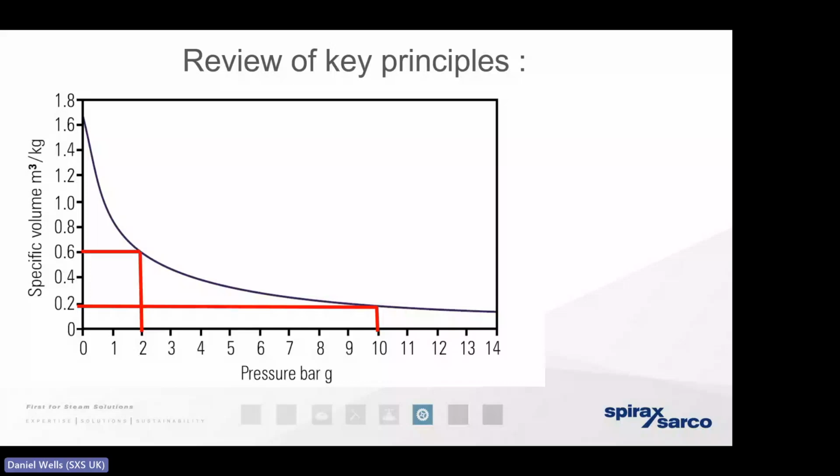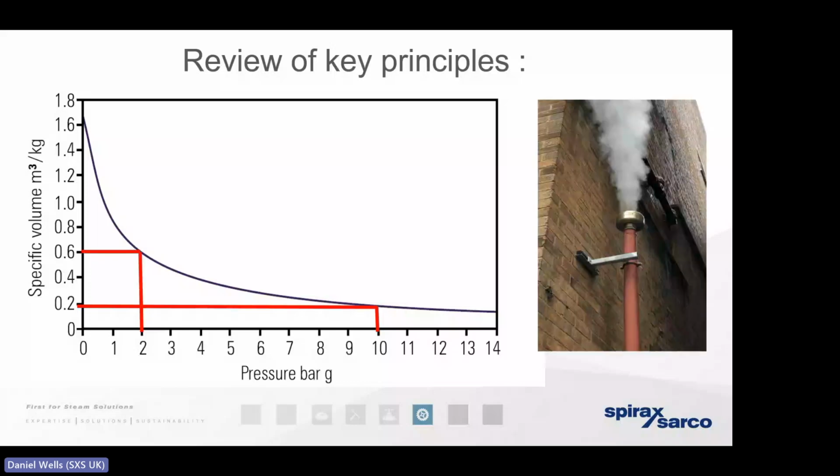The issue here is condensate is a non-compressible single phase fluid, and therefore the condensate infrastructure is typically significantly smaller than the steam pipework. But if that steam trap were to fail in the open position, any fall in pressure across that steam trap, for example, from 10 bar gauge to atmospheric, would result in a significant expansion.